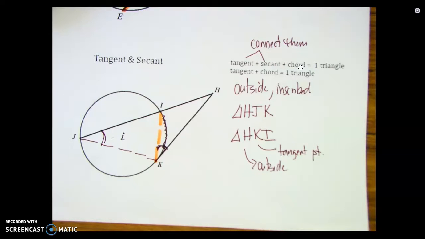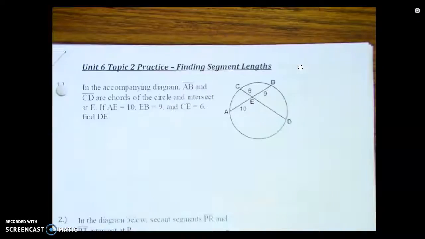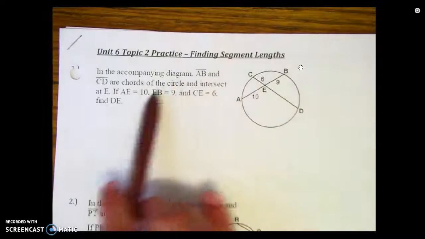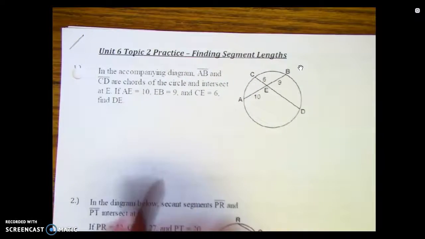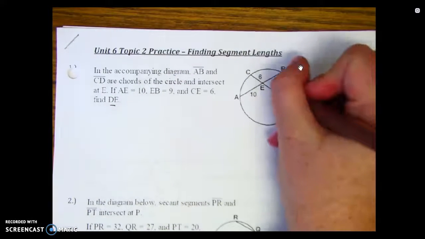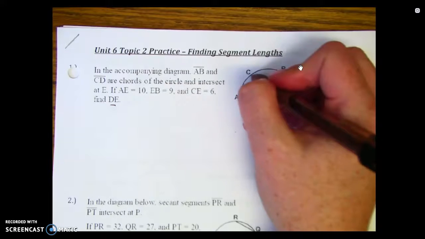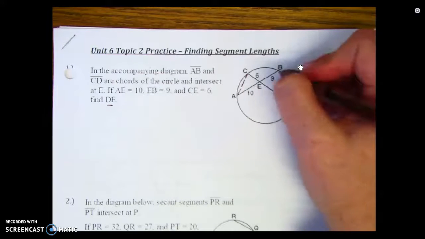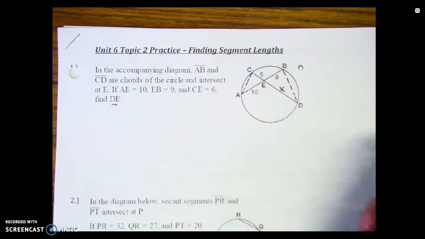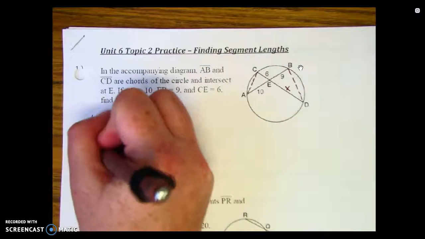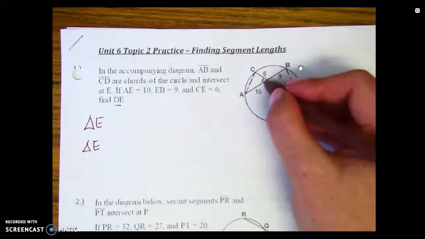Okay, so how does this play out? An example. So in this circle, we've been given two chords. They want us to find DE, so I call DE X. I can set up triangles either way I want. I'm just going to go from C to A, and I'm going to go from B to D. So I set up triangle E and triangle E because again I have vertical angles.